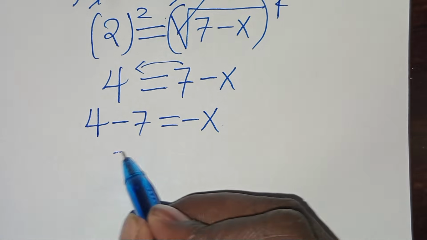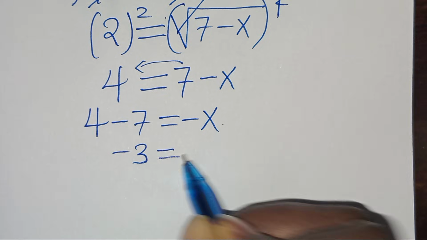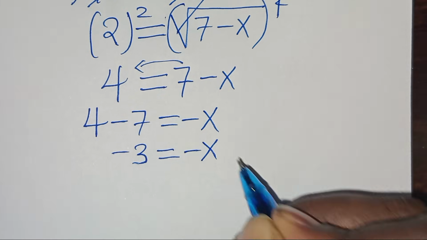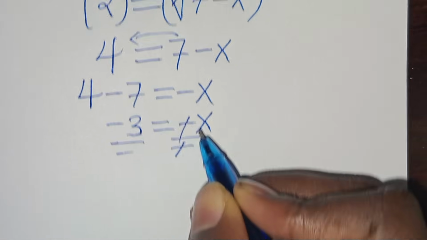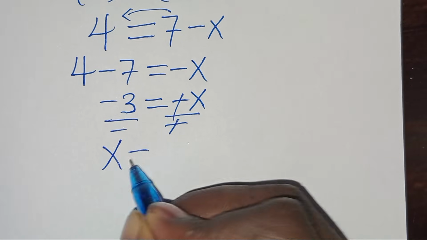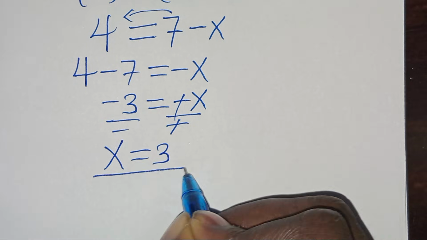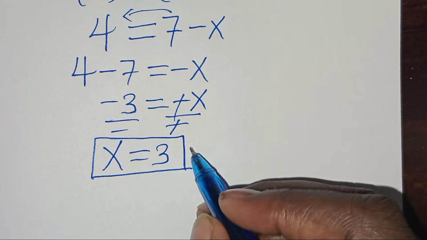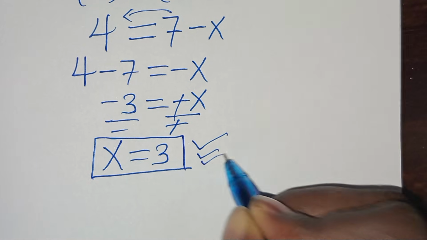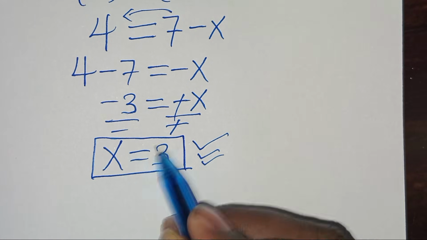So 4 minus 7 is minus 3, equal to minus x. So let's divide both sides by minus 1, and we have that x is equal to 3. So both method 1 and method 2 give us the value of x as x equal to 3.